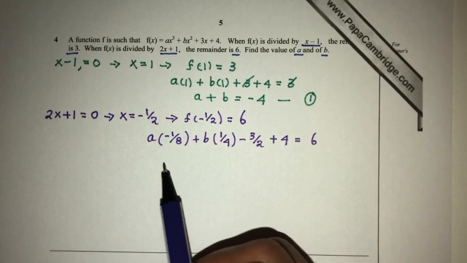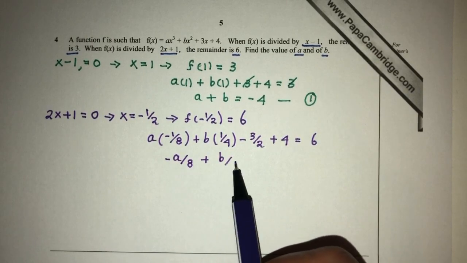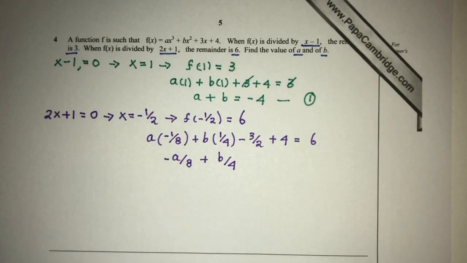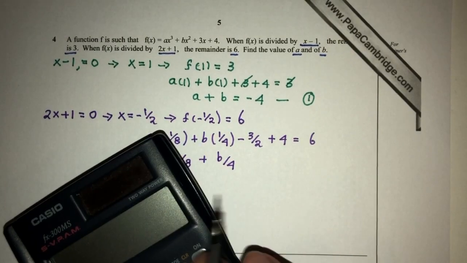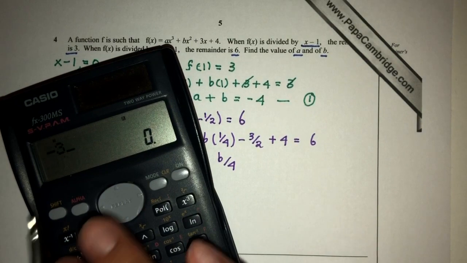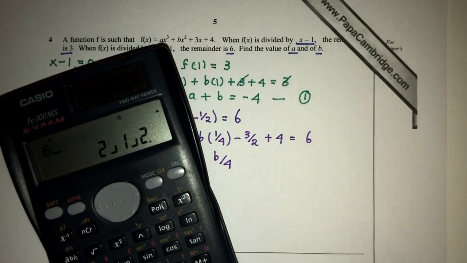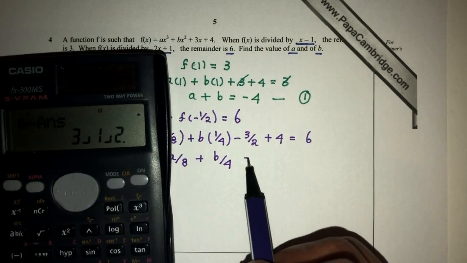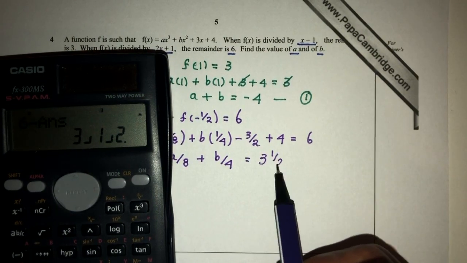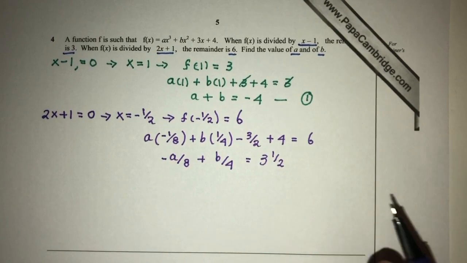Now simplify. That will become minus a over 8 plus b over 4. And of course, when you have fractions and everything, just use your calculator. It will be much easier than thinking with your head. That will be this, and then we send this over here, 6 minus answer. That will be this, 3 1/2. Right. This is my equation number 2, but we can simplify.